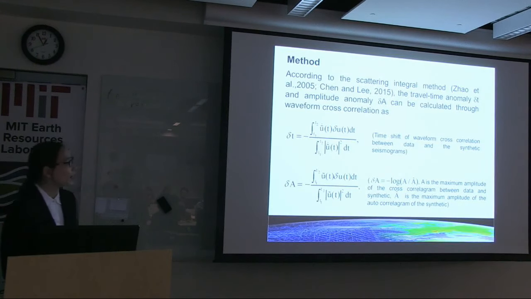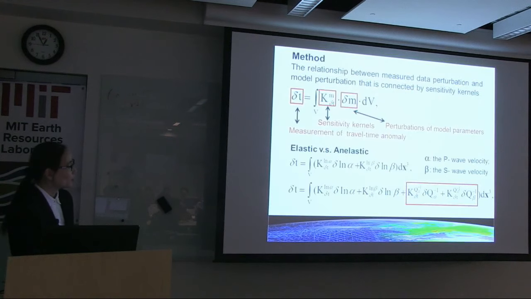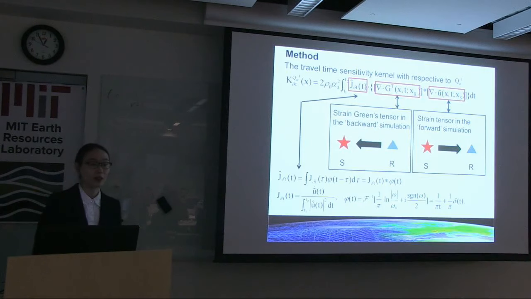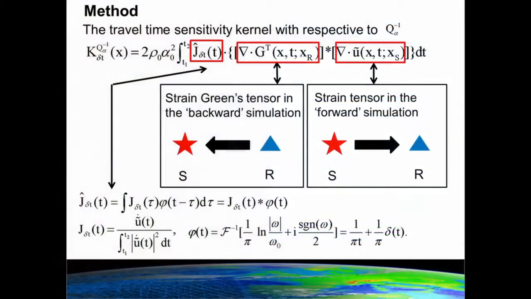For the scattering integral method, we need to save the strain Green tensor at every grid and at different time steps. So basically, we need lots of disk and computational storage to do our work.